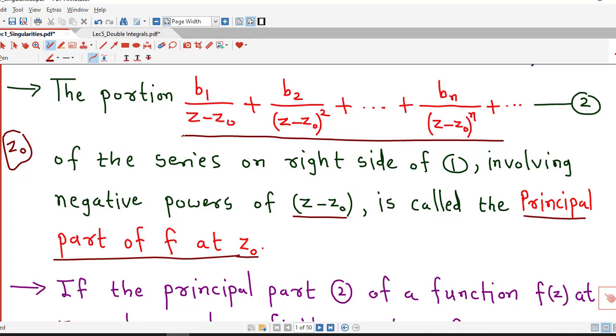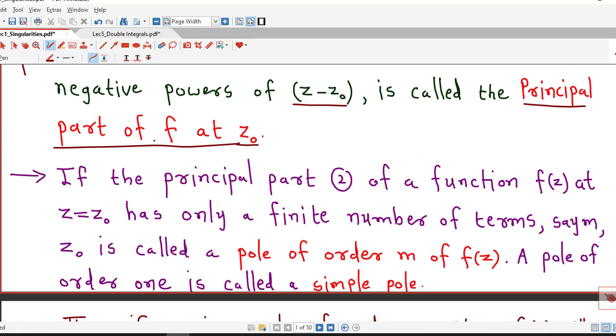So depending on the nature of this principal part, this z0 is classified. Suppose this principal part has a finite number of terms.